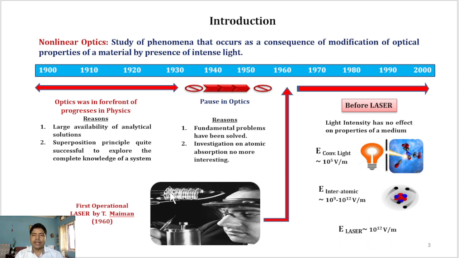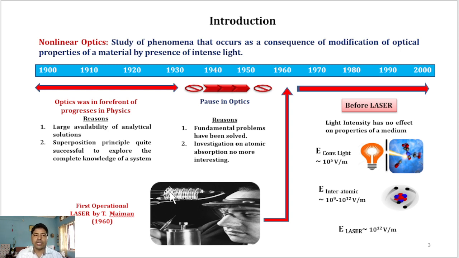So till 1960, here one more thing we need to mention: the theory of laser came in 1917, given by Einstein.